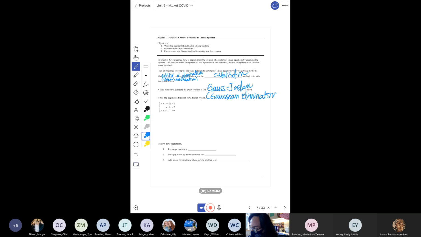Now, if you were to solve for one of the variables in the solution, you could back solve. You could substitute that value into a previous equation, and then you could solve for the other variables that way. Well, here we're going to take an augmented matrix.